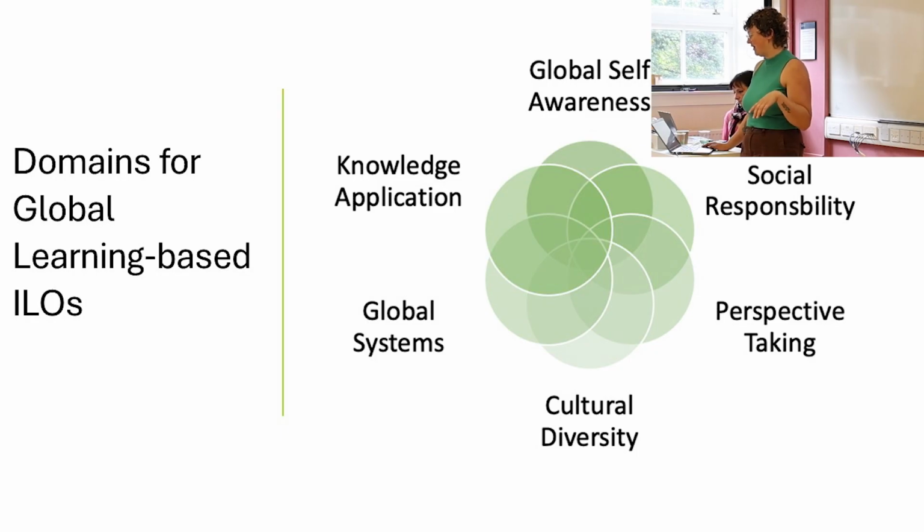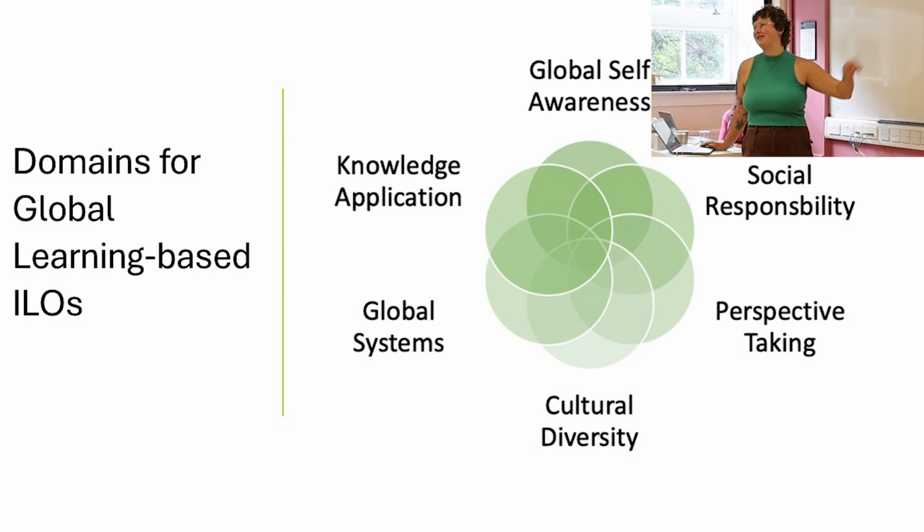They define global learning as the process of diverse people collaboratively analyzing and addressing complex issues that transcend borders. So again, this has to be done in some sort of collaboration across nations and through different institutional partnerships. This first set of domains focuses on global self-awareness, personal and social responsibility, perspective taking, cultural diversity, global systems, and knowledge application.